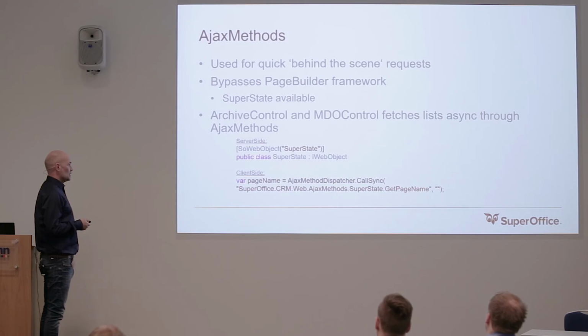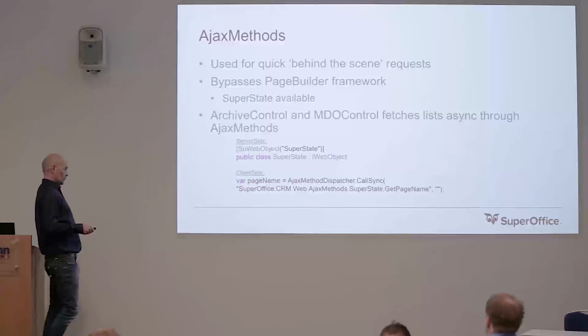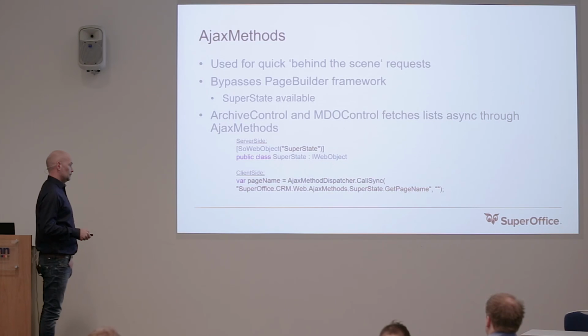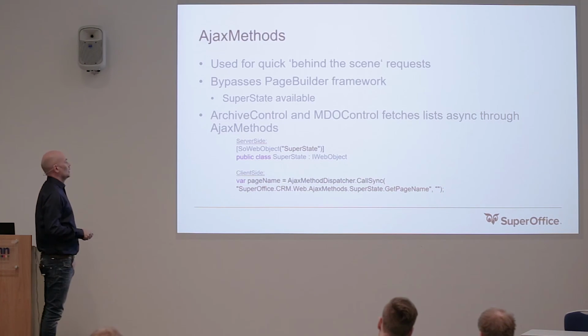Remember, every time you use this decoration, you need to add the interface of IWebObject. That's very important. And then you can call it from your script through your Ajax method dispatcher, with the name of where the Ajax method lives, and then a lot of parameters behind it.